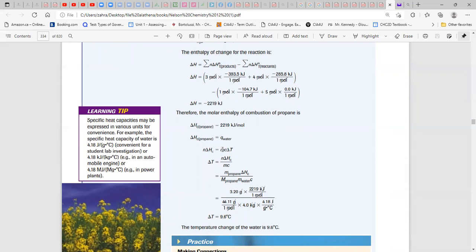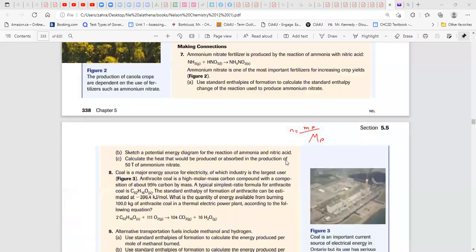And instead of n, we can put m divided by molar mass. Make sure this is for propane. This is the molar mass of propane, and here you put the mass of the propane divided by molar mass. Here is the mass of water divided by the specific heat capacity of water. Do this calculation and the temperature change will be 9.6 degrees Celsius.